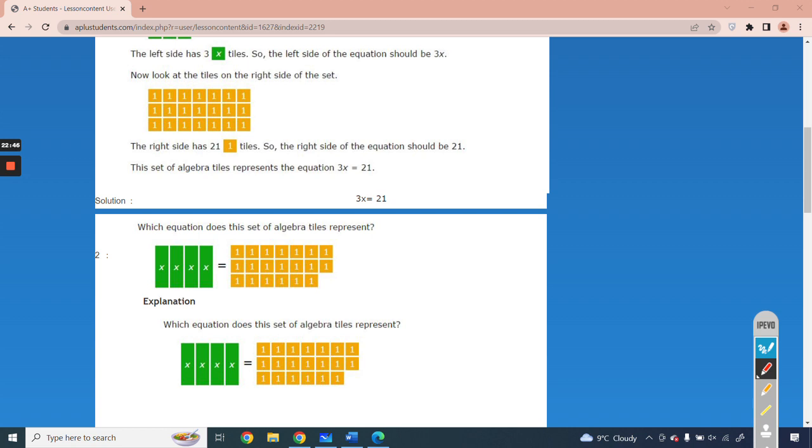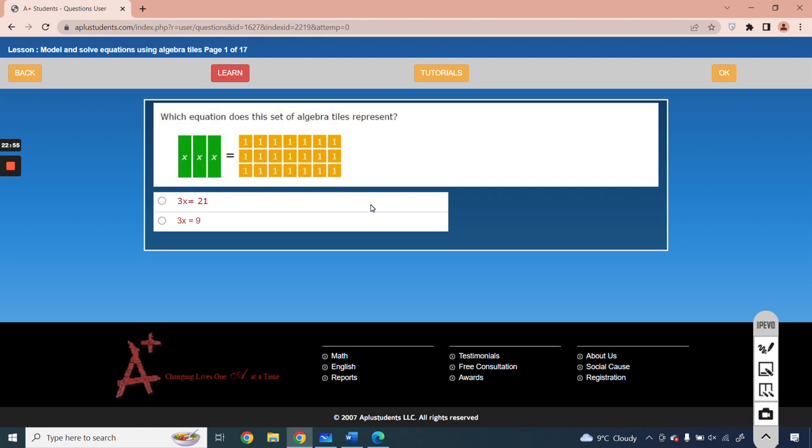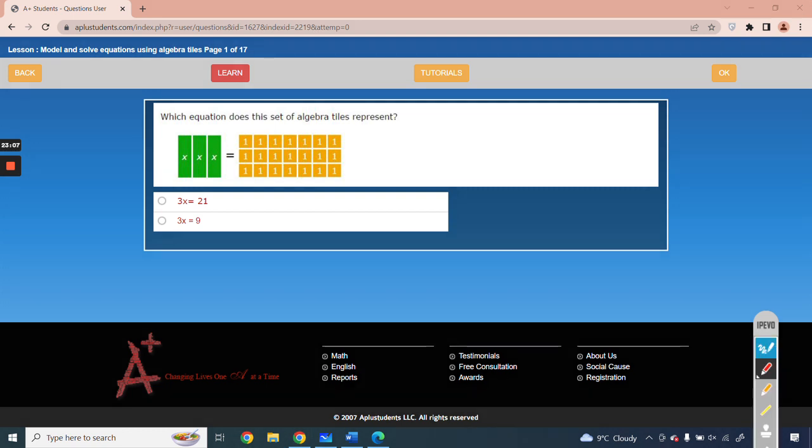Okay, let's just start with the practice questions. Okay, which equation does the set of algebra tile represents? Okay, count the tiles. So on the left side you have 3 green tiles with x, so that means it is 3x.